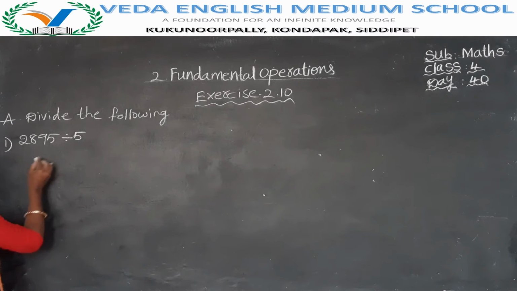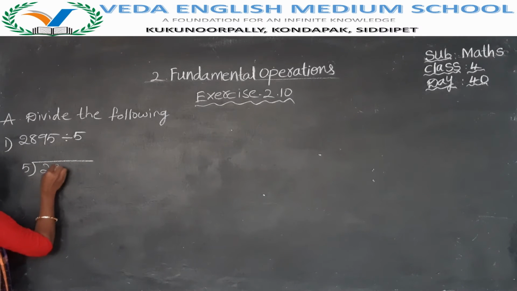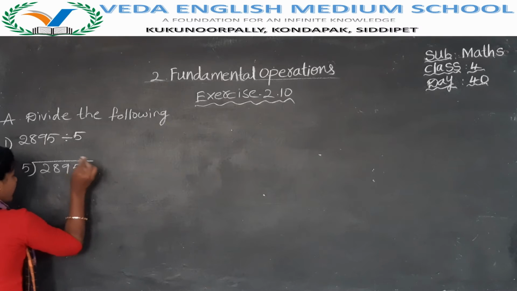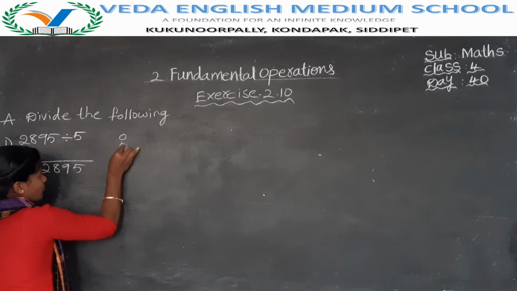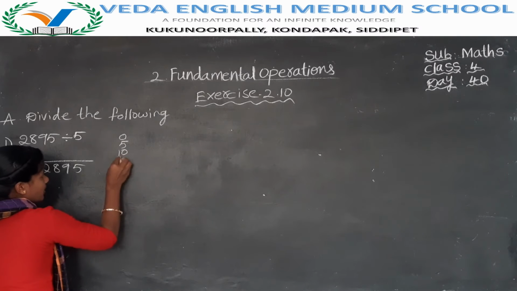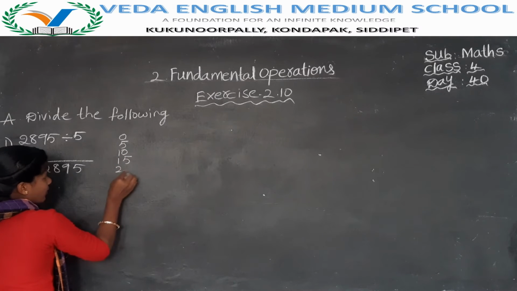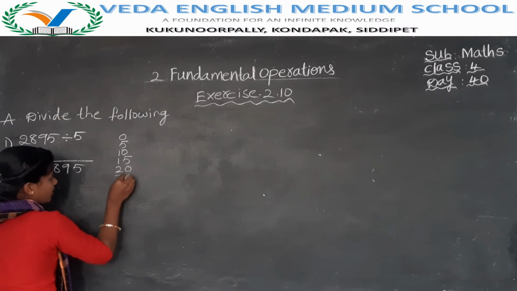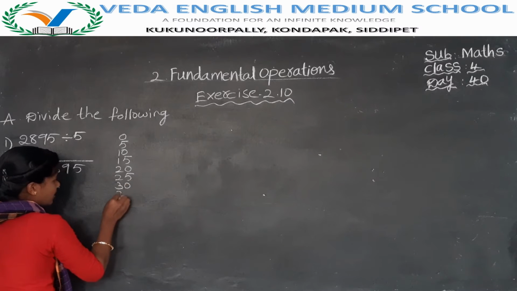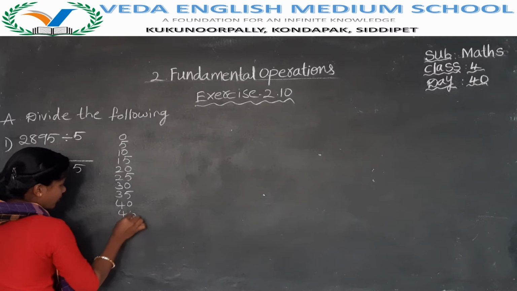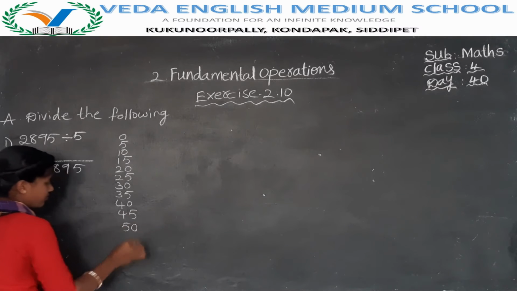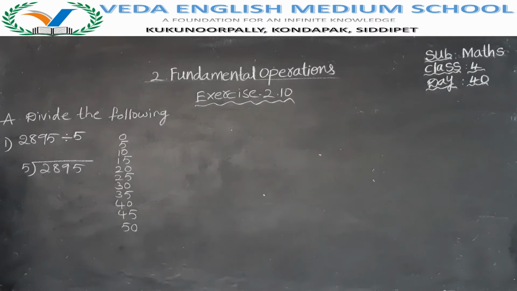So we need to write the 5 table here. Now 5 table we have to start from 0 onwards. 0 5s are 0, 5 1s are 5, 5 2s are 10, 5 3s are 15, 5 4s are 20, 5 5s are 25, 5 6s are 30, 5 7s are 35, 5 8s are 40, 5 9s are 45, 5 10s are 50. Now 5 table has completed.